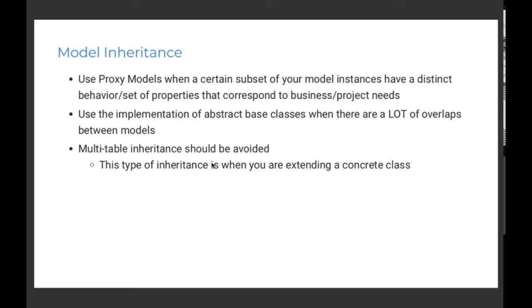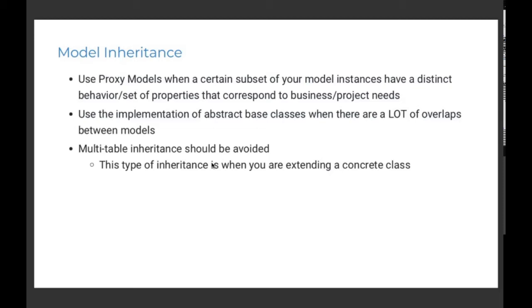Okay, so by having a proxy model, the idea is you would still have the same database table. However, in memory or in the Django application itself, it is Django that adds whatever special functionality you have declared in your proxy class.